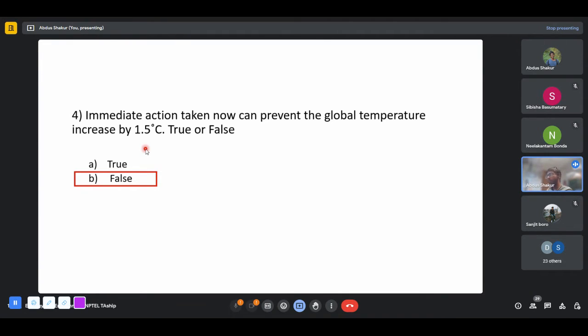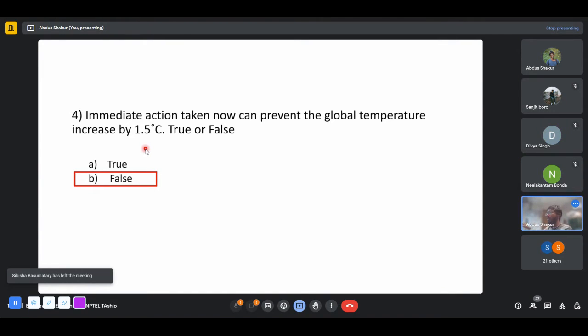Unless you trap them and remove them, the time it takes for those gases to naturally be removed from the environment is long, so they are going to have their effect. Unless we try to remove them simultaneously, we will not be able to meet this 1.5 degrees deadline. So it's false.